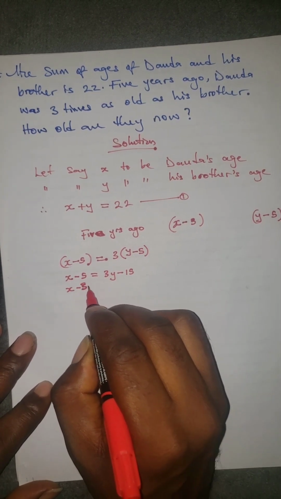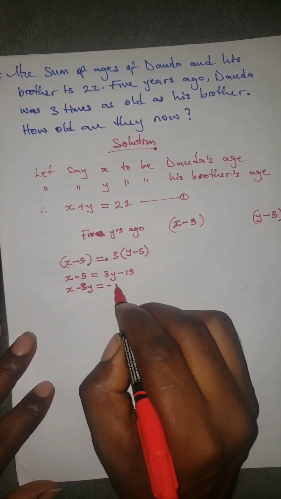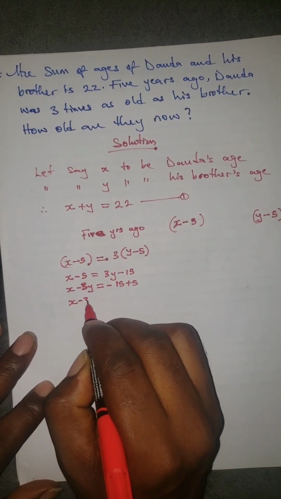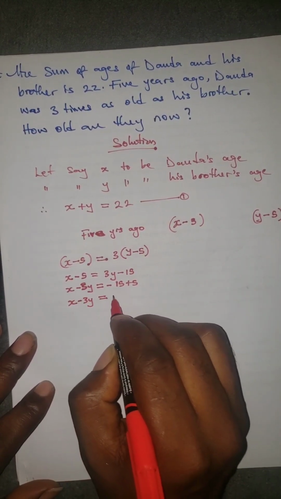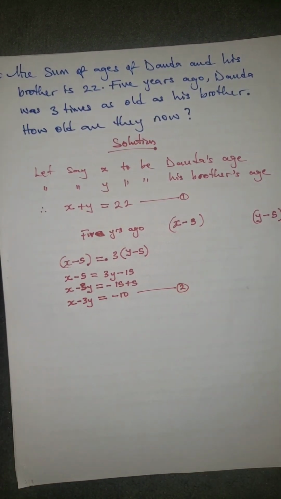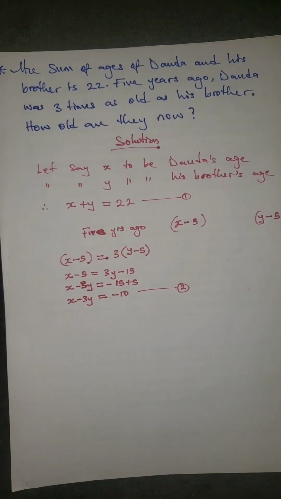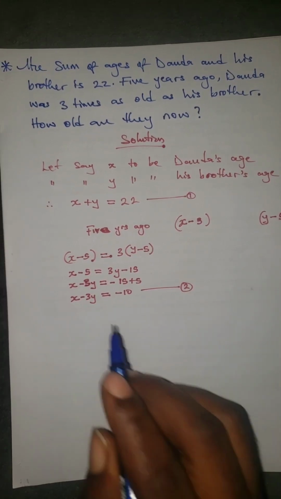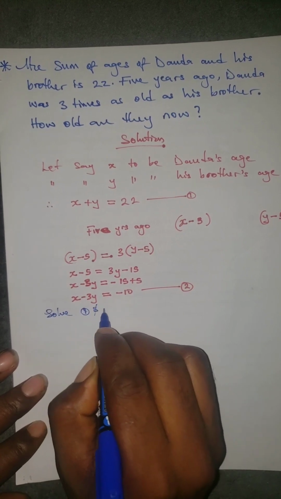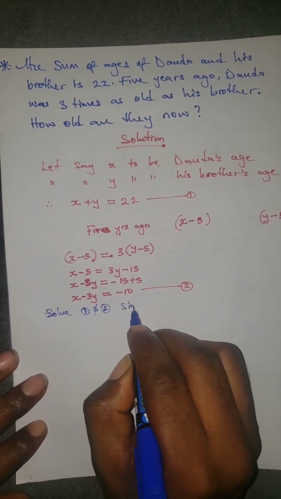So x minus 3y equals minus 15 plus 5, which will give you x minus 3y equals minus 10. So we'll call this equation 2. So we have our equation 1 and our equation 2. The next thing to do is to solve 1 and 2 simultaneously.